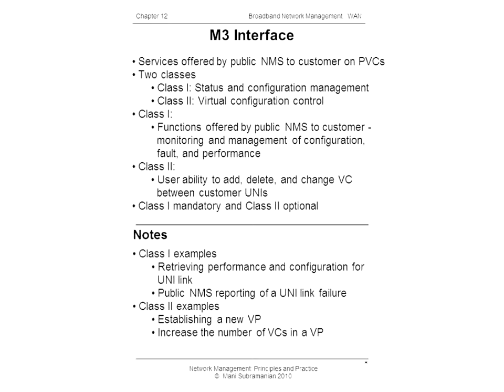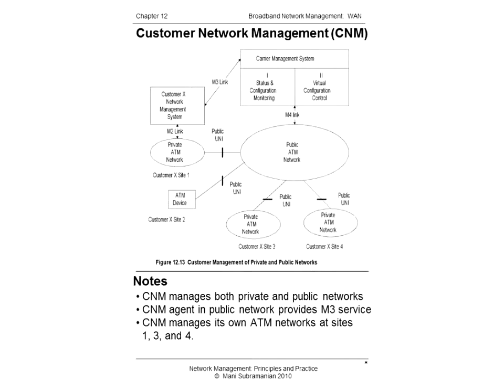If the user circuit traverses multiple service providers, then a separate interface with each provider is needed. CNM sends the request to the carrier management system, as you can see in this figure, which acts as an agent to the CNM.